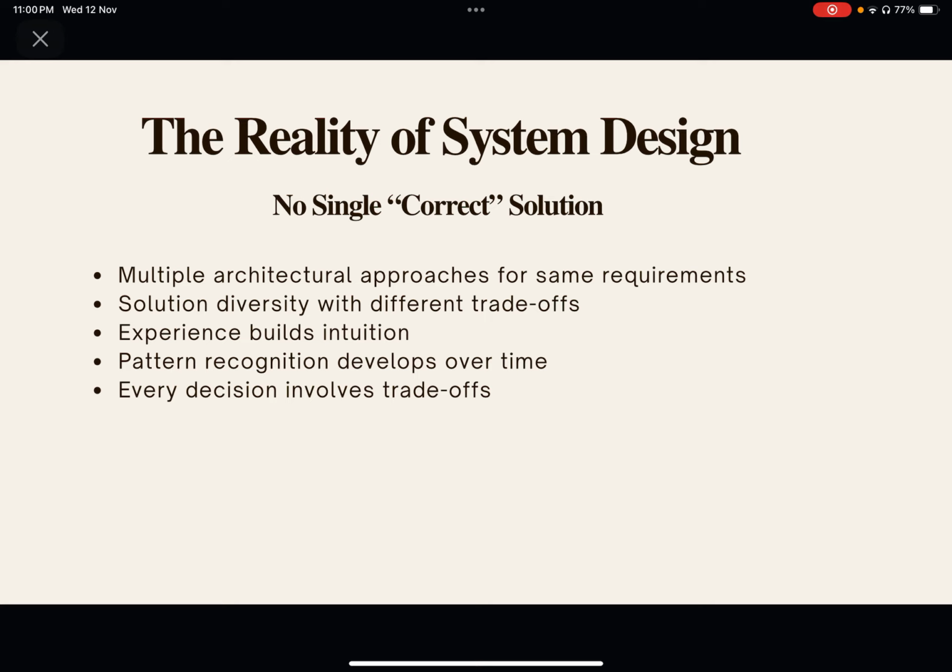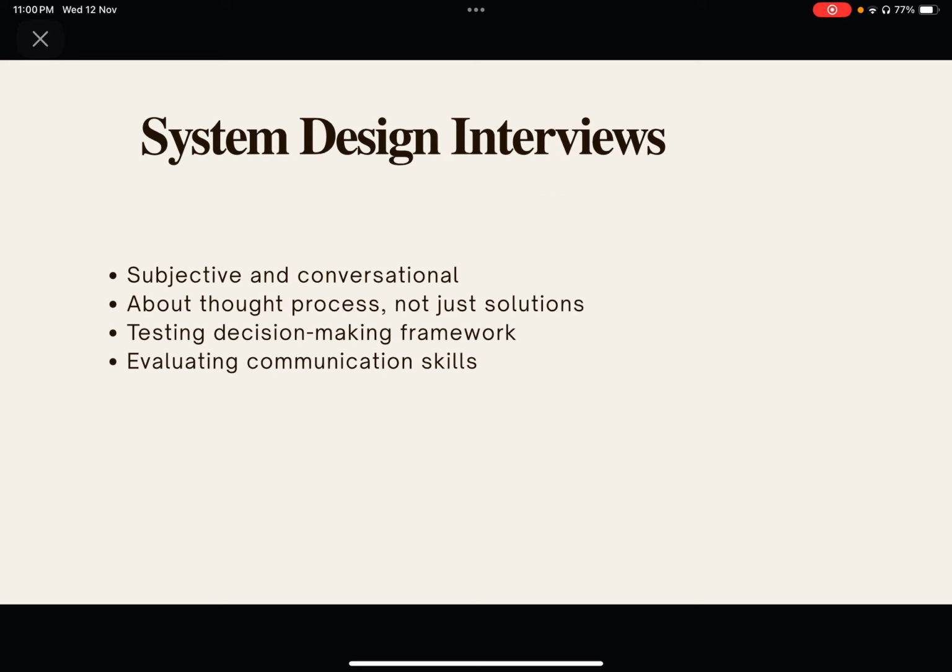Both can work, but they have different applications. This is what makes system design both challenging and interesting. Your intuition and pattern recognition will develop through practice and exposure to different scenarios. Over time, you will gradually start recognizing which pattern fits which situation.